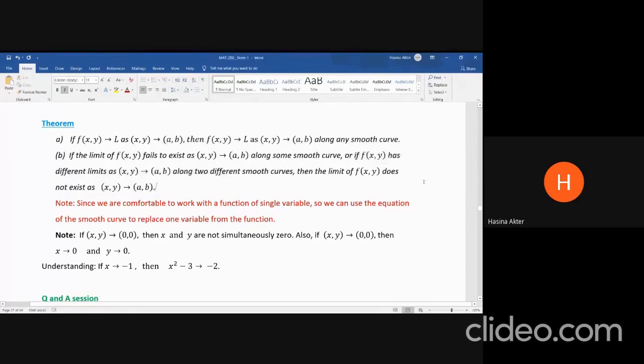So in our words, if the limit is L, then the limit will be L from each direction. If one direction doesn't have a limit, if the limit is undefined along one direction, or if the limits are different from two different directions, then the limit does not exist.